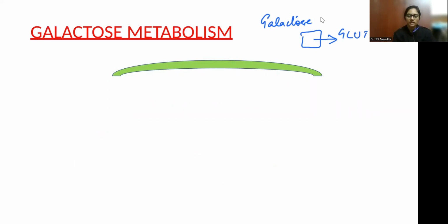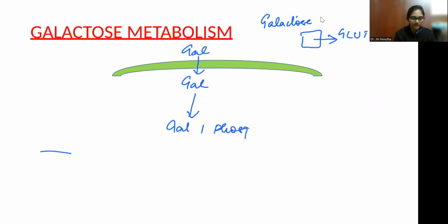As galactose enters the cell, what happens? We have to trap this galactose inside the cell, as galactose 1-phosphate, along with phosphate, by the enzyme galactokinase.